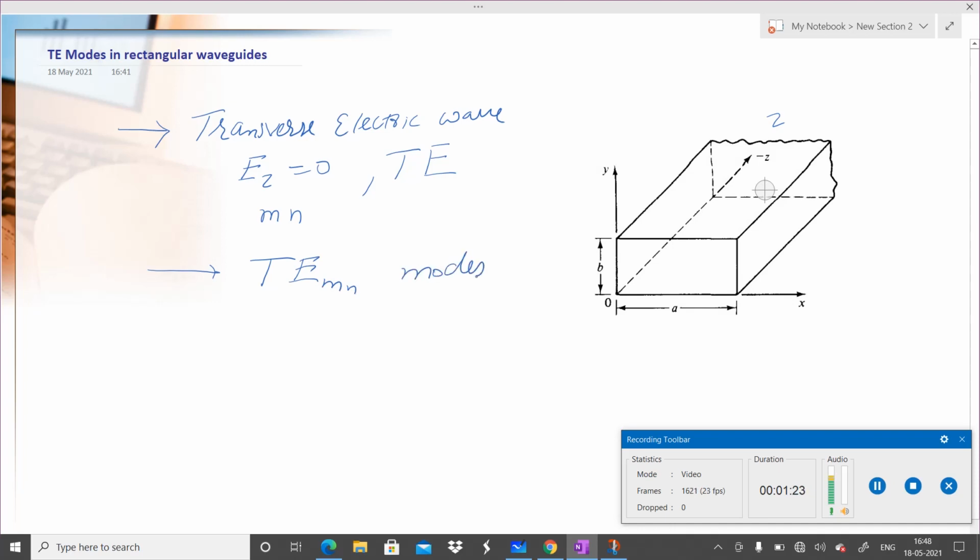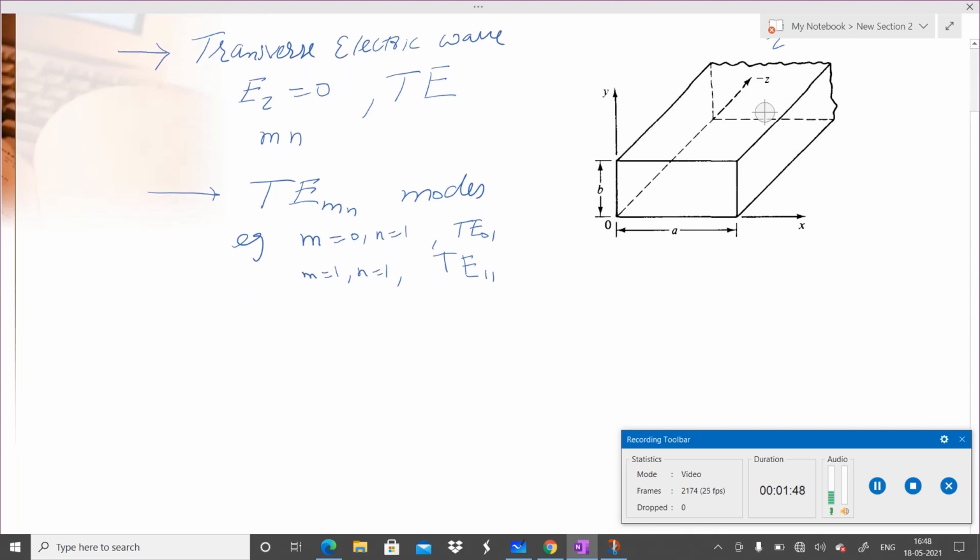For example, if m is equal to 0 and n is equal to 1, that will be called the TE01 mode. That will have a different wavelength, a different frequency, a different waveform. Similarly, if m is equal to 1 and n is equal to 1, that will be called the TE11 mode. What that mode is, we will see very soon.